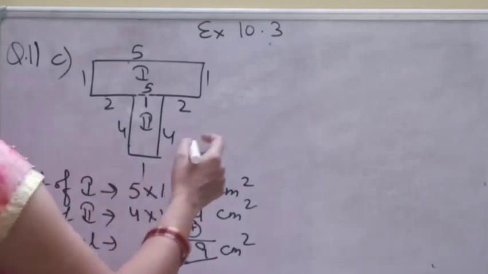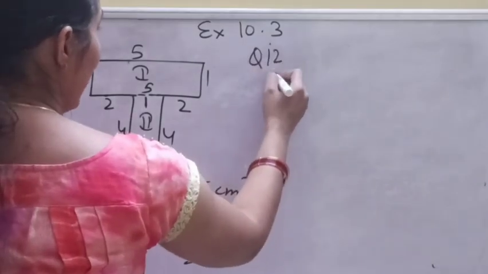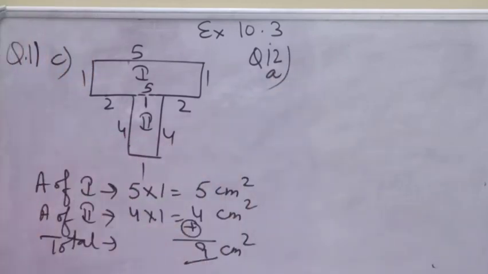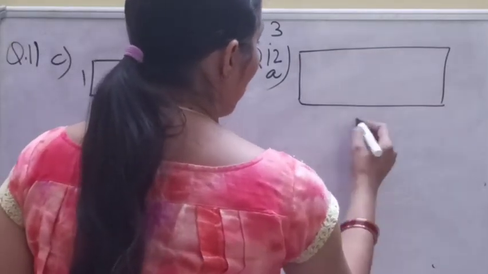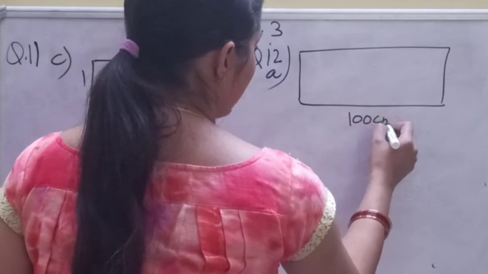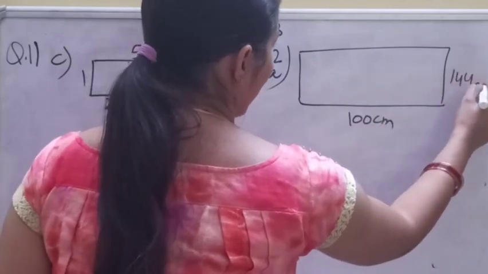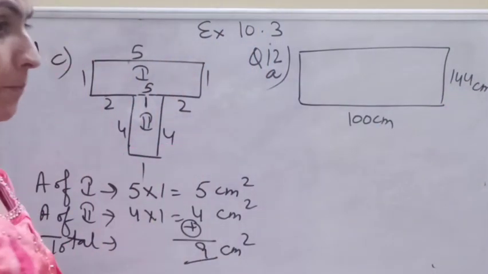Now let's move to question number 12, part A. So what is the question? How many tiles whose length and breadth are 12 and 5 centimeter respectively will be needed to fit in the rectangular region? So there is a rectangular region whose length is 100 centimeter and breadth is 144 centimeter.